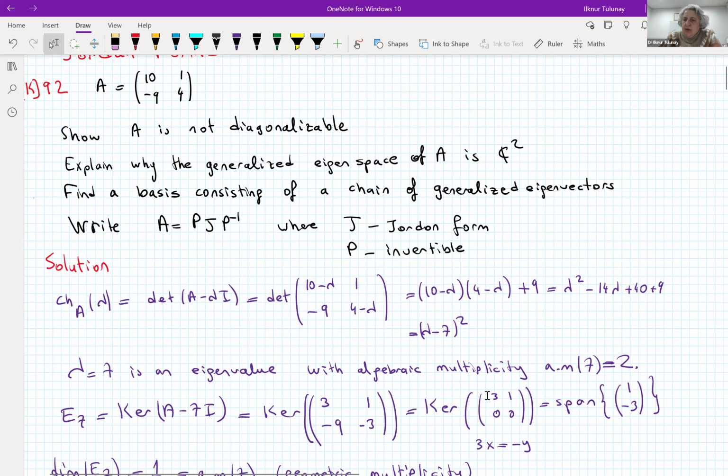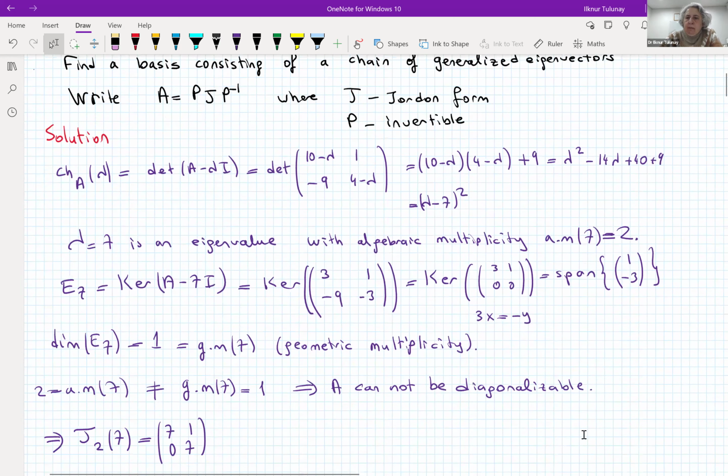The solution space of the kernel, the solution of this matrix times (x, y) equal to the 0 vector, is that y is a free variable, and 3x plus y is equal to 0, which means that 3x is equal to minus y.